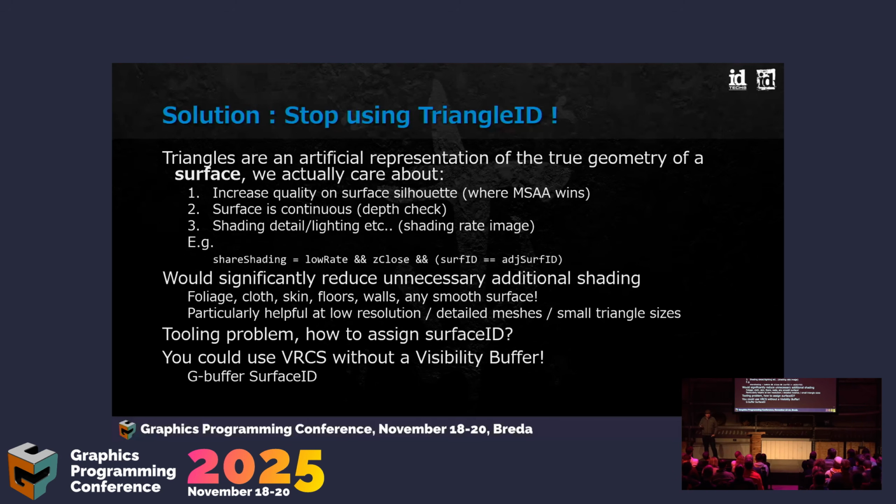So we care about the silhouette, we care about the surface self-overlapping, which we can detect with a depth check, and we care where the shading rate image tells us to care. This would significantly reduce the number of primary pixels, not just on cloth and skin, but foliage as well. So it's really a tooling problem. How do we identify continuous surfaces? And if we had that, we don't need a visibility buffer. You could lay down the surface ID with the G buffer, for example.